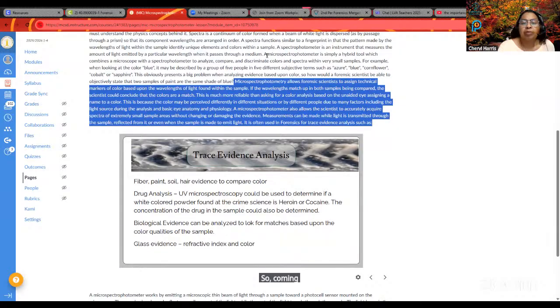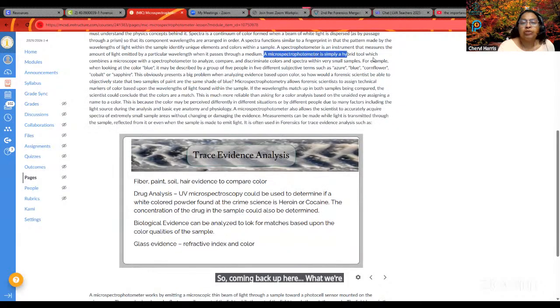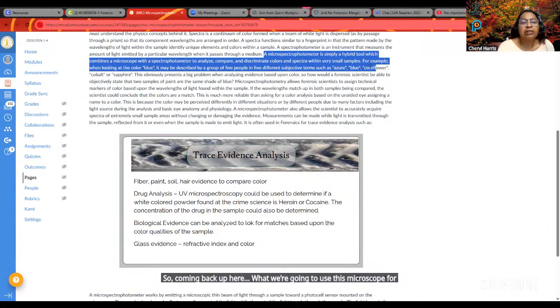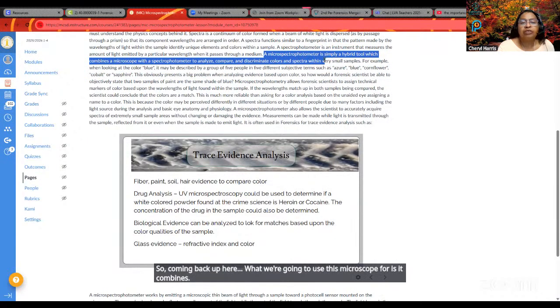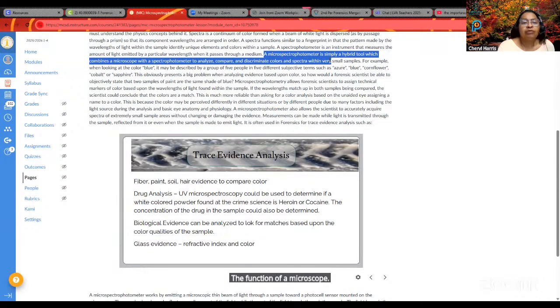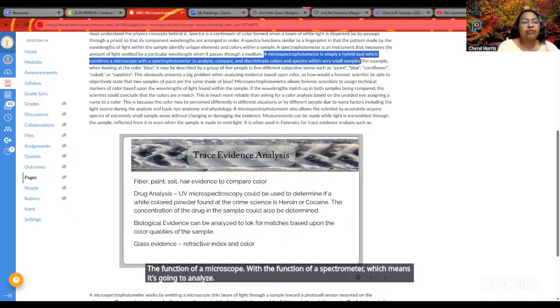So coming back up here, what we're going to use this microscope for is it combines the function of a microscope with the function of a spectrometer, which means it's going to analyze the different colors.